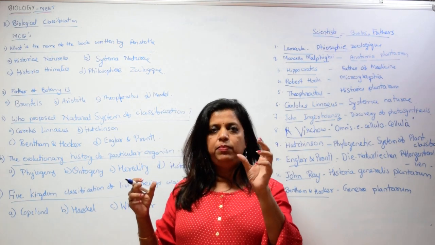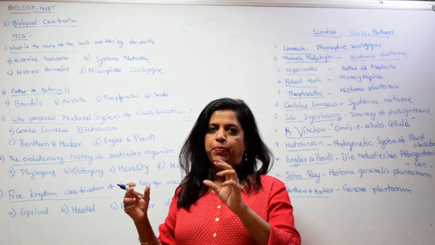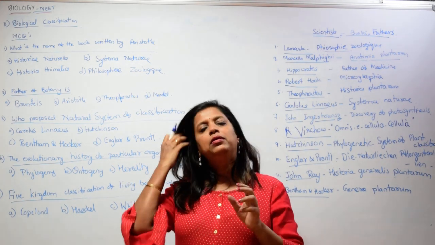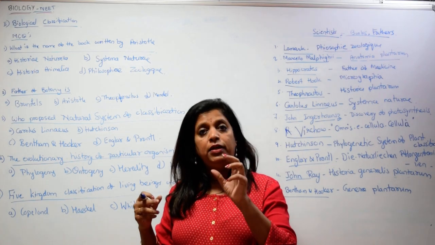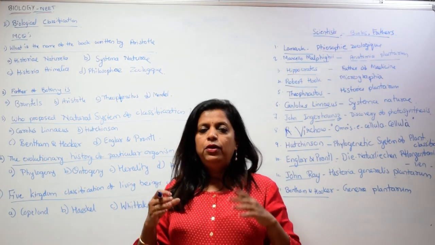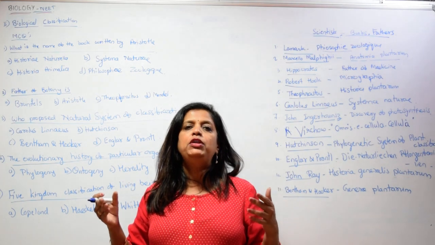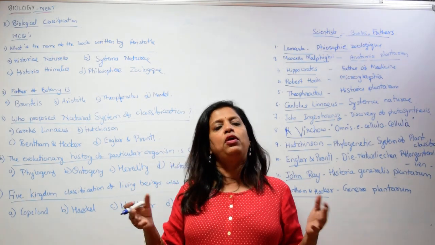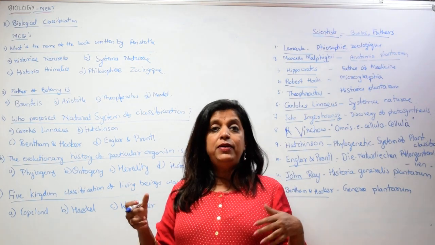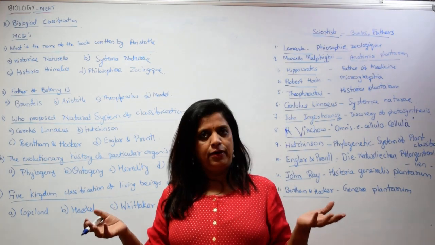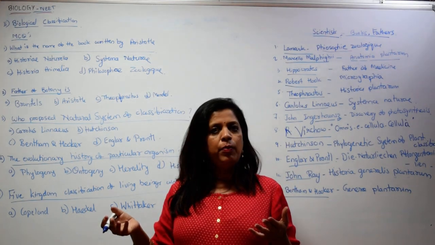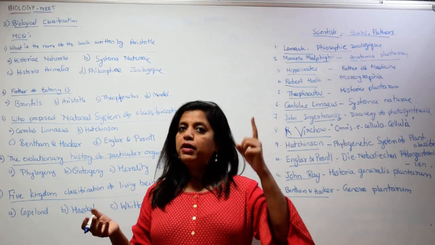Allium is the genus name, and the species name is cepa. So Allium cepa is the genus and species name of onion. That's why, whenever you talk about naming in biology, it is not difficult, it has universal naming patterns. That is binomial nomenclature, which was first given by Carolus Linnaeus.